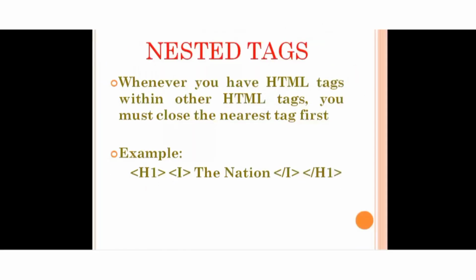Here we first define the H1. H1 means the heading tag and I means the italic tag. So firstly we have to close the italic tag. The tag which is defined later is closed earlier. Here we define the I tag after the H1, so firstly we have to close the I, and after that we close the H1 tag.